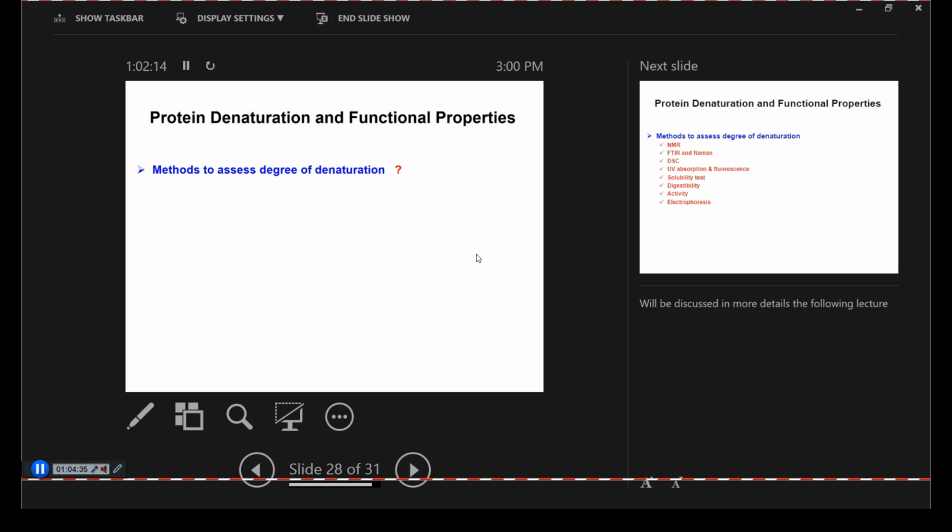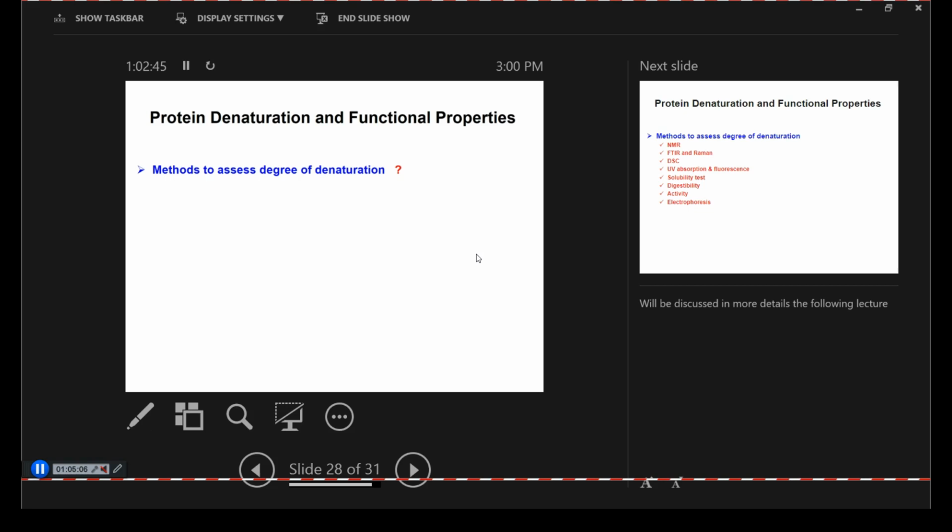What can go down when the protein denatures and polymerizes, other than solubility? Hydrophobicity will go up, so you can measure UV absorption and fluorescence that are directly related to those hydrophobic residues, tyrosine, tryptophan, phenylalanine. So they will be exposed and your absorption and fluorescence will increase.